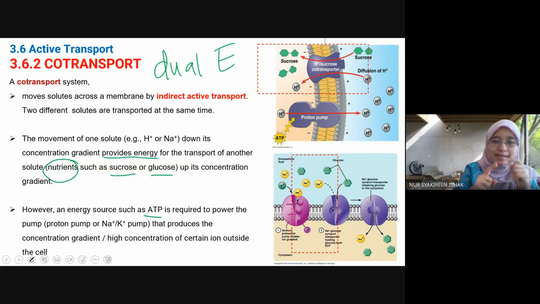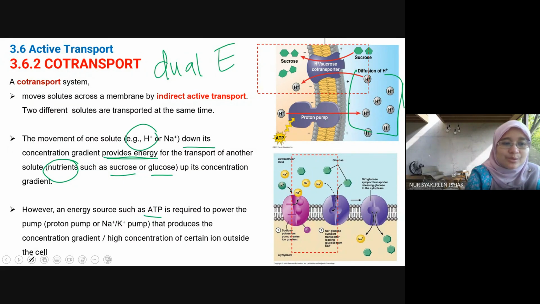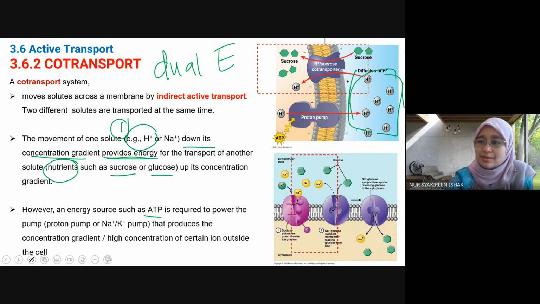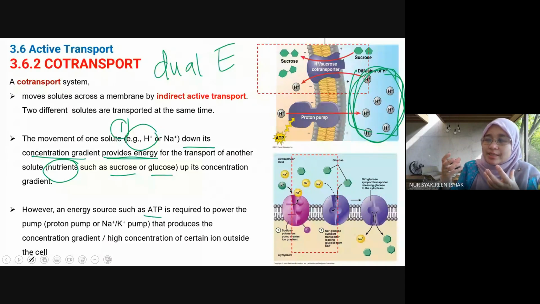Satu energy, the first energy comes from the accumulation of hydrogen ion outside. Nampak ni? The movement of solute such as hydrogen ion down its concentration gradient provides the first form of energy. The accumulation of hydrogen ion ni dia macam jadi sumber potential energy. Untuk bawa apa? Untuk bawa sucrose daripada luar sel masuk ke dalam.